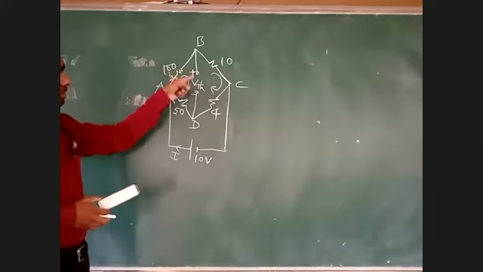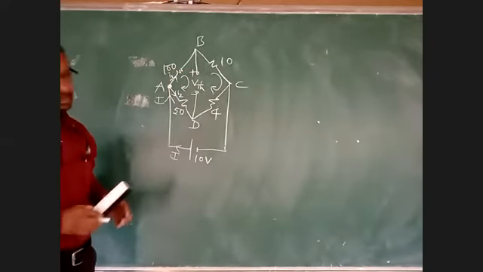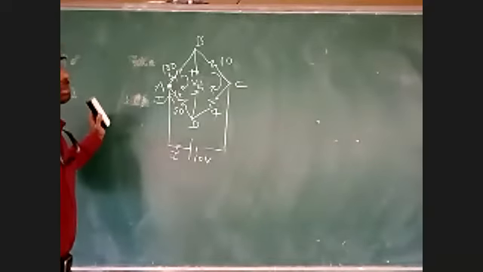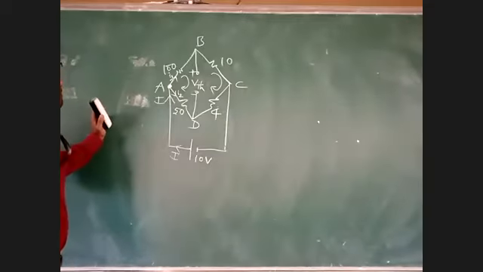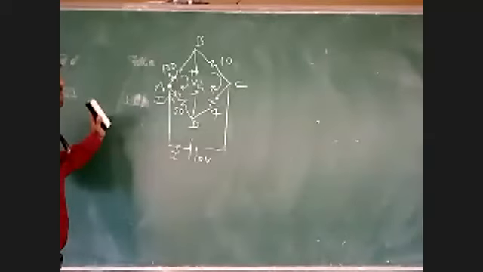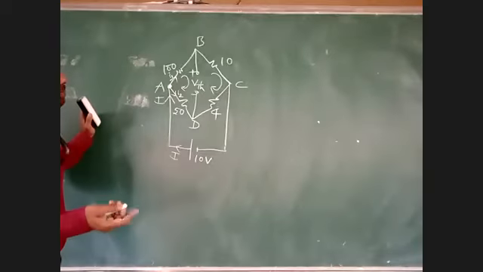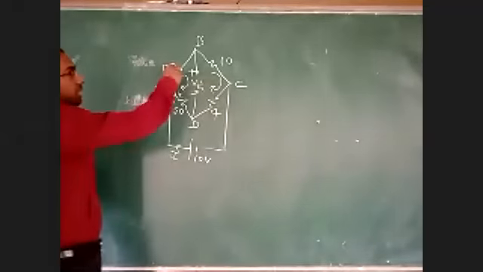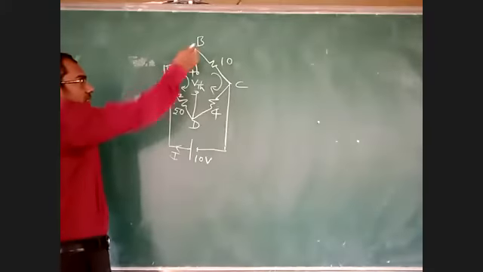If current is not flowing here, are 100 and 10 in series or parallel? Series. If current divides, that is parallel. If current is not dividing, that is series. 100 and 10 are in series because current is not dividing here.